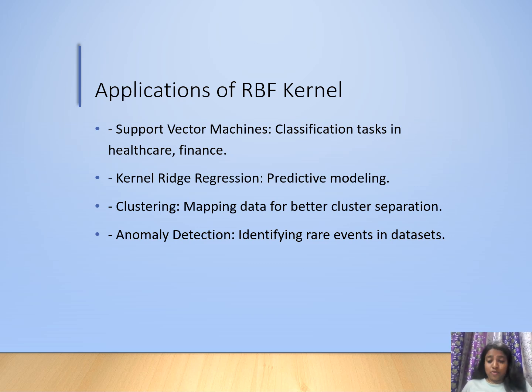How do support vector machines work? First, there is a lot of data scattered in a plane or environment. We have to classify whether the data is spam or not spam. So in SVM we draw a hyperplane between the two classes, spam and not spam. This helps to classify by using the RBF kernel.